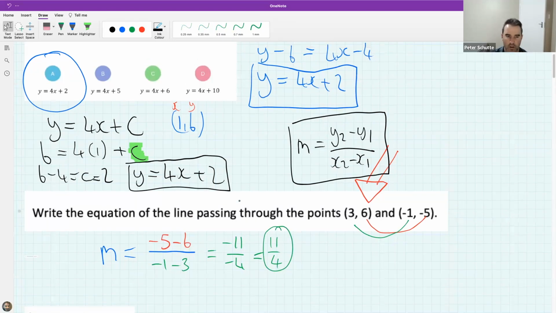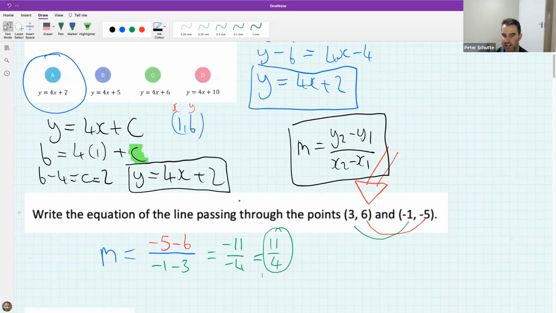Okay, so it feels to me like the gradient is 11/4, but now that is not finished yet. You need to take that 11/4 and see if you can figure out, and you can use either of the methods above, what is the equation of the line going through those 2 points? I'm going to give you a bit more time for that, and then you can pop your answer in the chat.